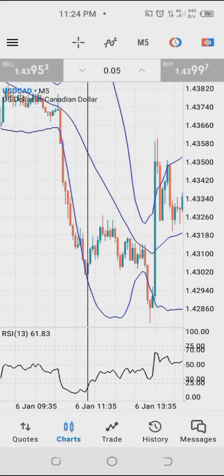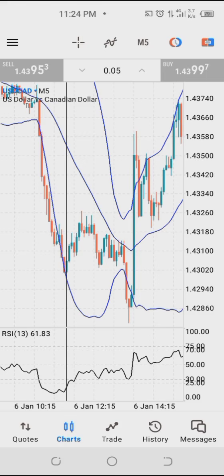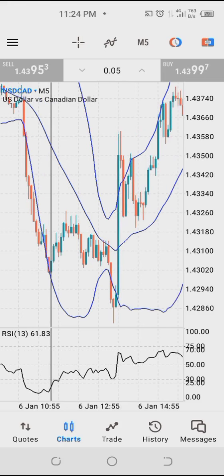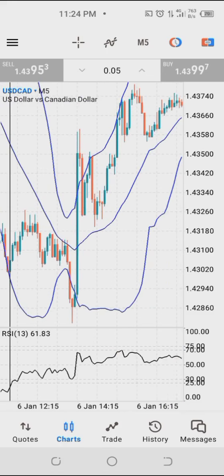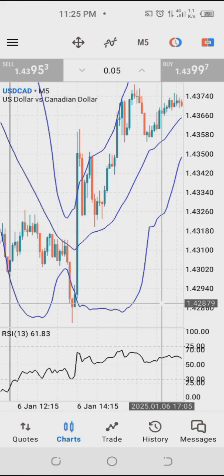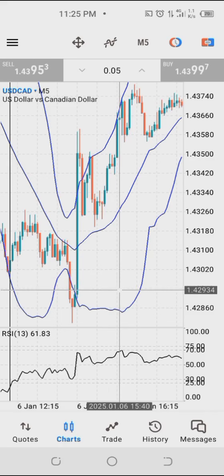If you notice, in this case, the market didn't touch the middle Bollinger Band on the 1 hour time frame. It also didn't touch the upper Bollinger Band on the 15 minutes time frame. However, on the 5-minute time frame, RSI touched the level 70. So this is your exit signal. Just ensure you watch it.